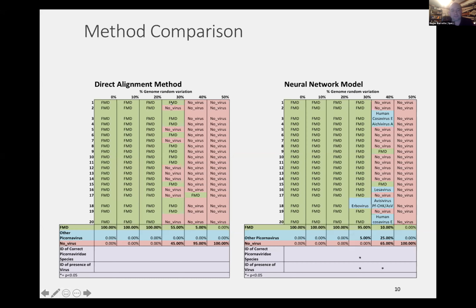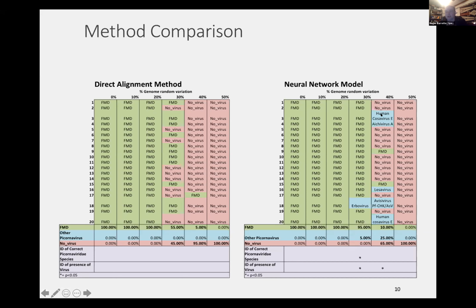Now, once you hit 30% random variation of the genome, the direct alignment method drops to about 55% able to identify the agent as FMD, whereas the neural network at 30% variation is able to identify that the agent present is FMD 95% of the time. At 40%, the direct alignment drops to 5%, basically only 1 out of the 20 is still recognized as FMD, whereas the neural network model was able to do it at 10%.